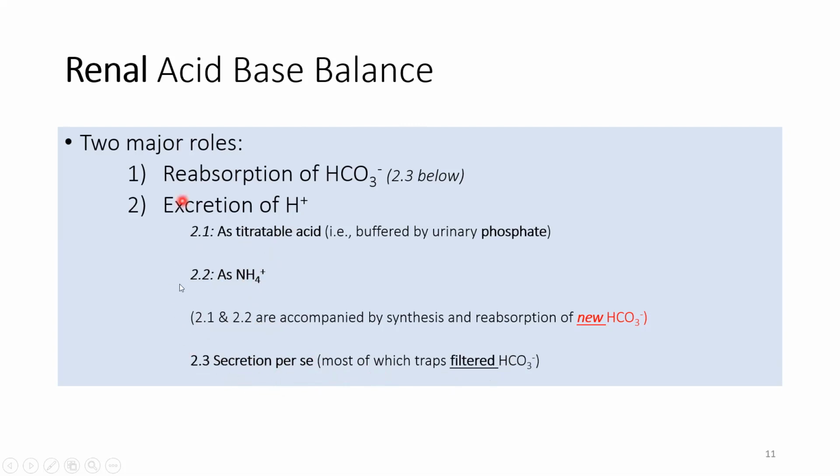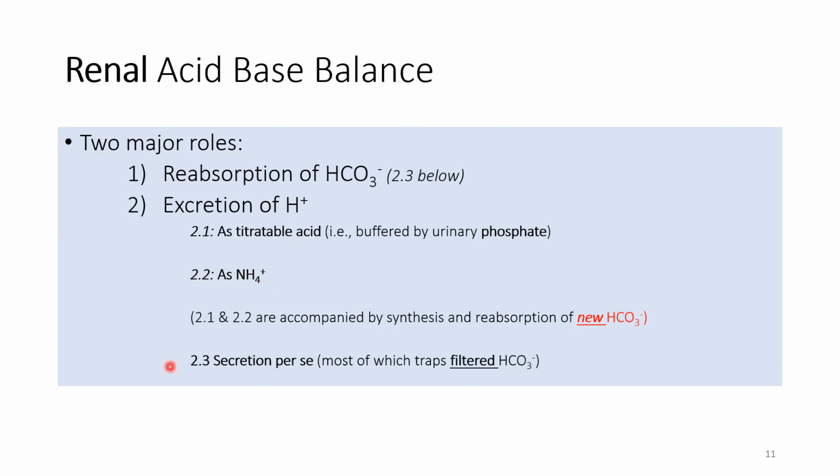First, let me just revise this whole thing. Excretion of hydrogen is coupled with phosphate. So you titrate it and excrete it as a weak acid in the urine, number one. Number two, you combine it with ammonia gas, NH3. You know, the smell of urine is of ammonia. Remember this by that. So NH3 combines with hydrogen to form NH4, which is a weak acid, and so it can be easily excreted in urine.